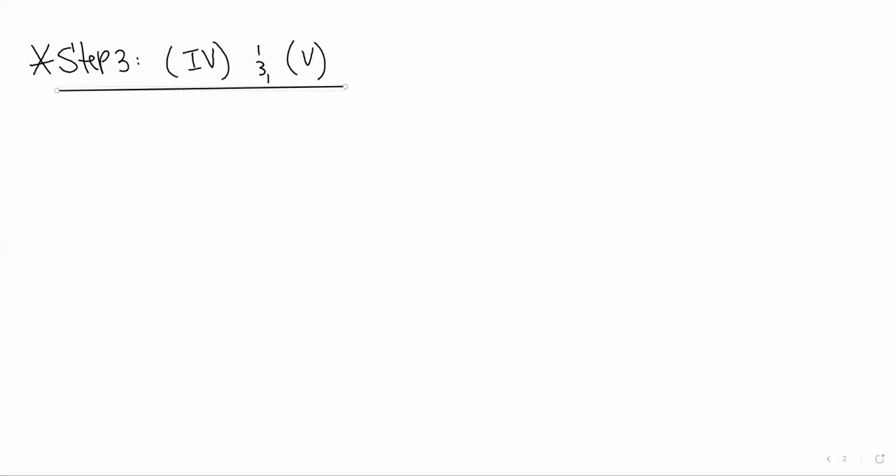So step 3, apply elimination method always to equations 4 and 5, because they're only expressed in terms of x and y. So let's see, if we add equation 4 plus equation 5, let's try to eliminate y. So I'd have to do negative times equation 4. You may have to look back if you're writing this down.